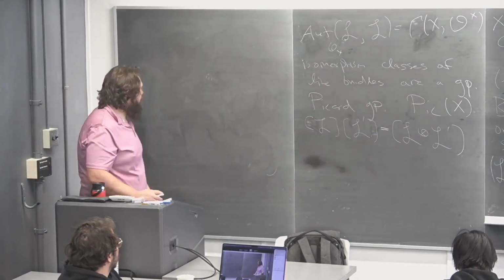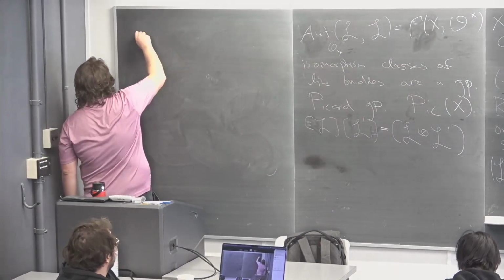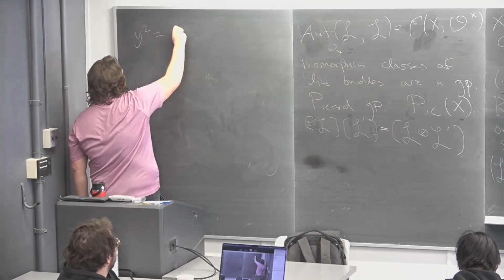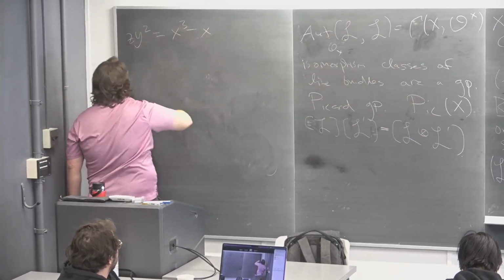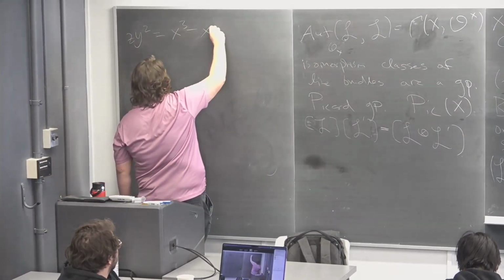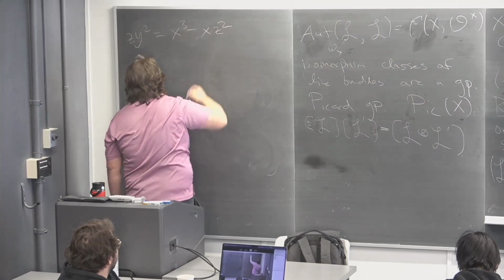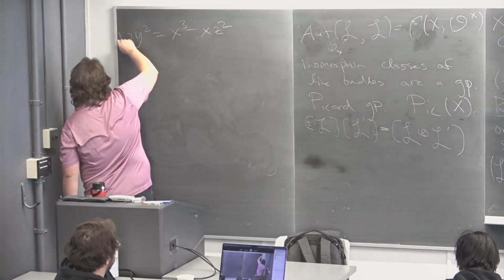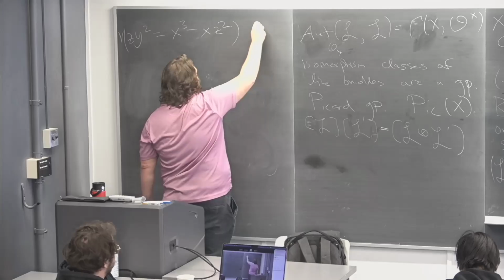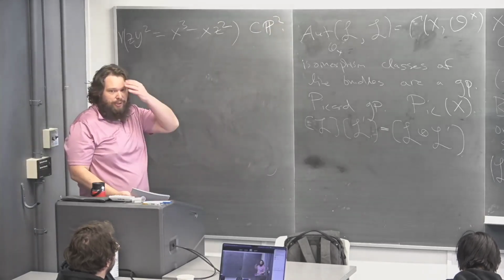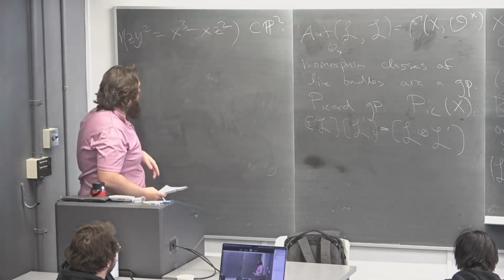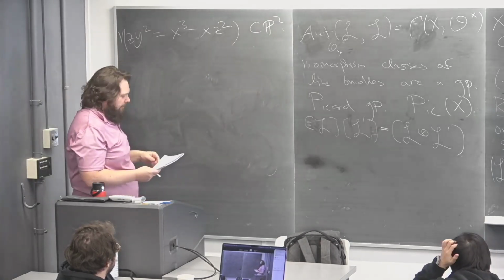So maybe I should mention, we had talked previously about this guy. Let me projectivize this. So we looked at the vanishing set of this inside P^2. This is a smooth elliptic curve. So what happens if we take line bundles on this guy?